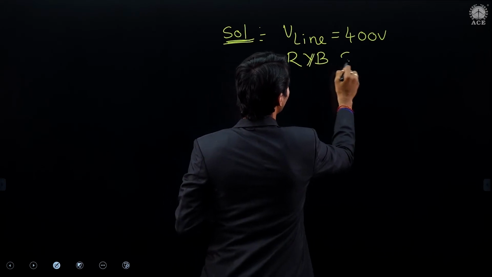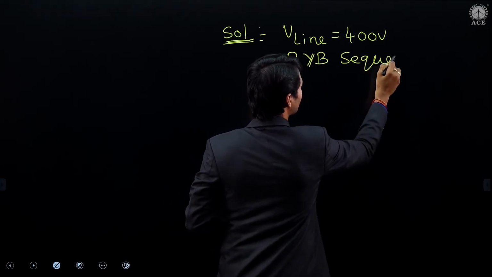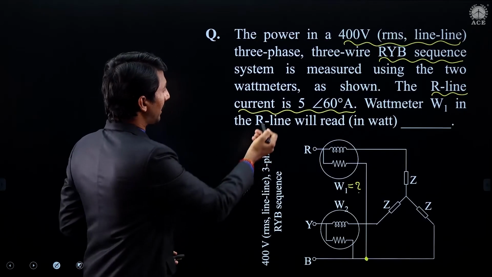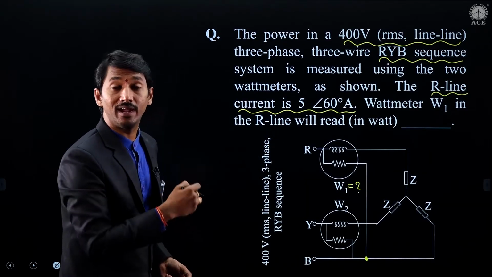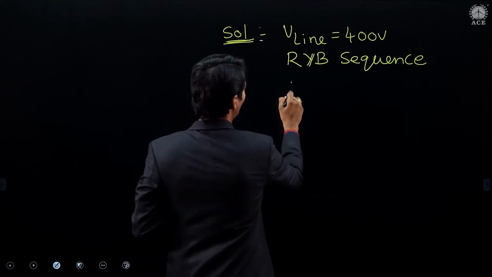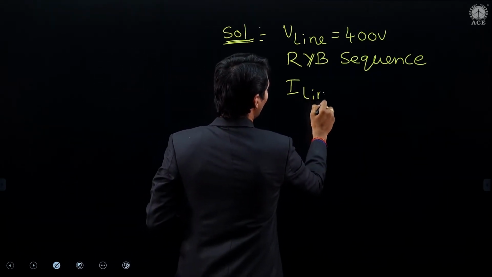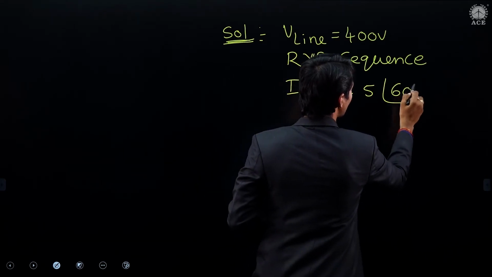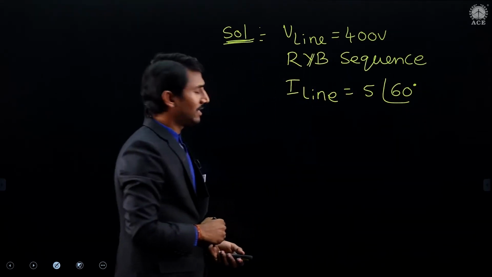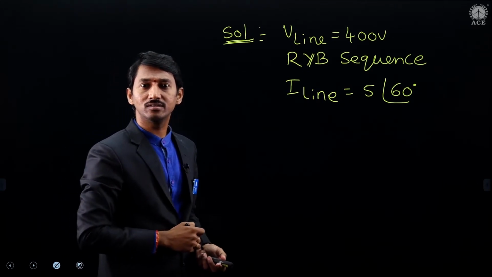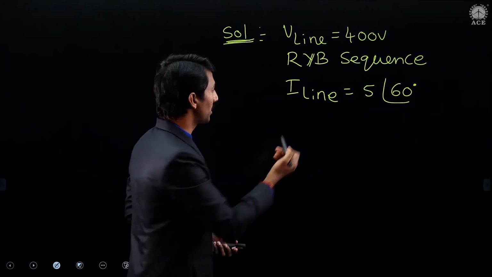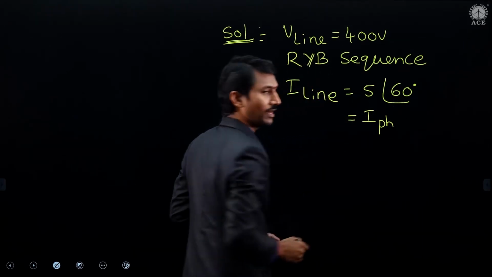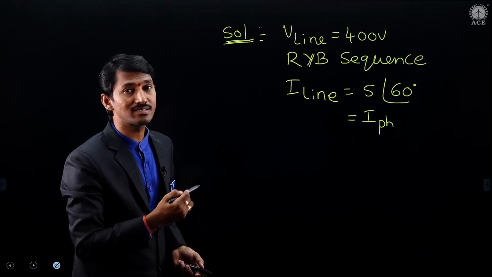Next, the line current is given as 5 at an angle 60. I line is equal to 5 at an angle 60. But concentrate, sir, is it star connection or delta connection? It is star connection. So therefore I line is equal to I phase. Line current is equal to phase current in star connection.